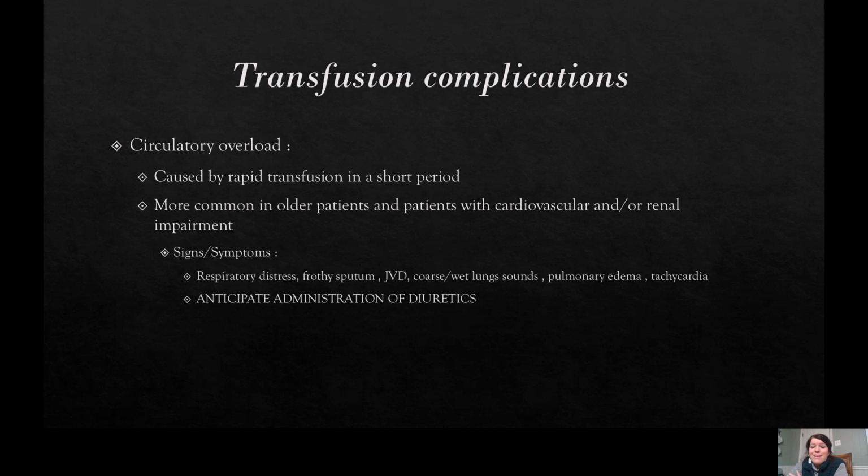Their circulatory system cannot support the volume that is within those vessels. So they are going to have things like respiratory distress, jugular vein distension, their sputum will be frothy, they'll have crackles, and their lungs will sound wet, their heart rate will increase. And we're usually going to give diuretics to these patients so that we can get some of that overload off of them.